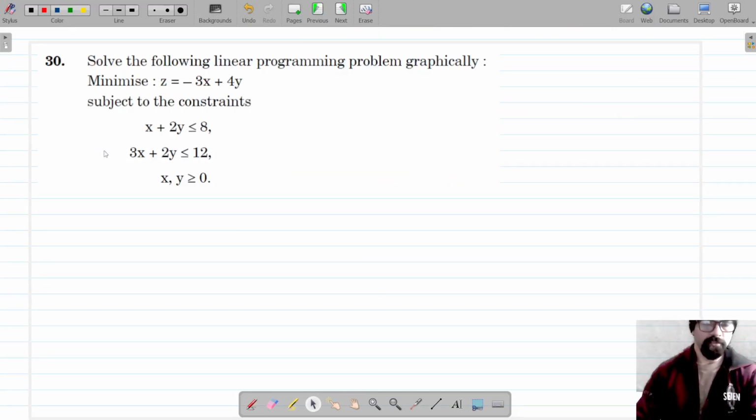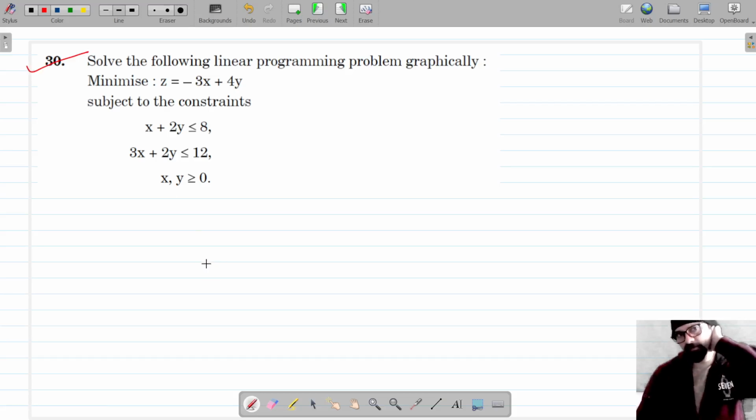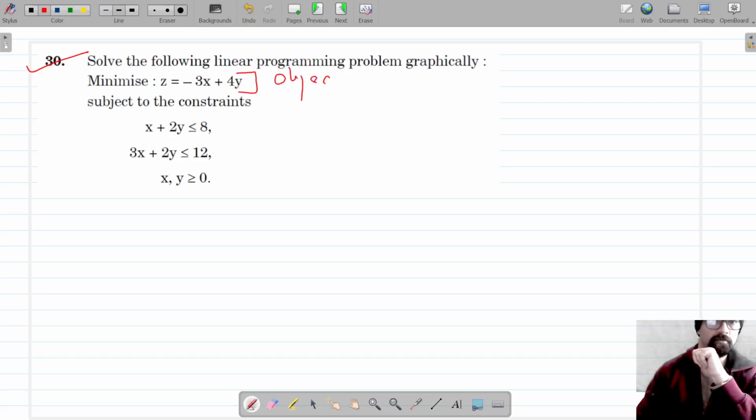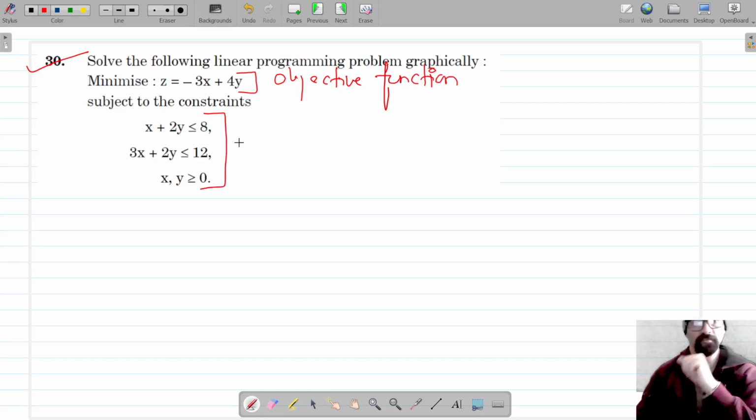Okay, for question number 30, we have to solve the linear programming problem graphically, and we have to minimize z. This is the objective function, subject to the constraints. These are the constraints. So first of all, let's get our points.